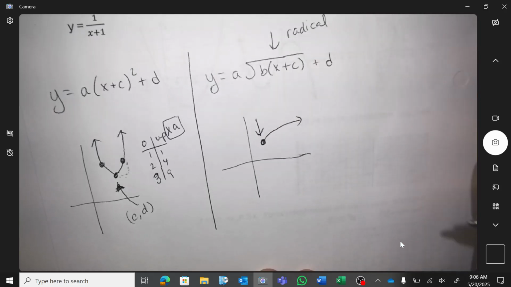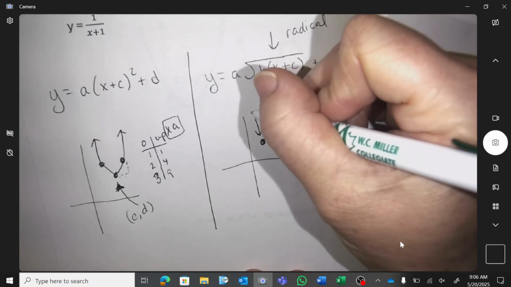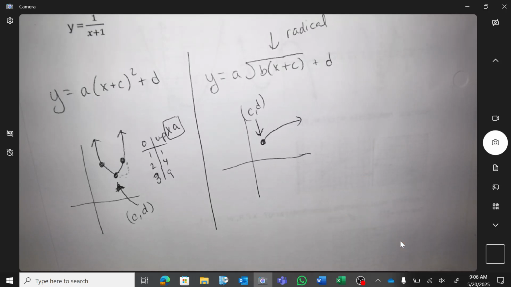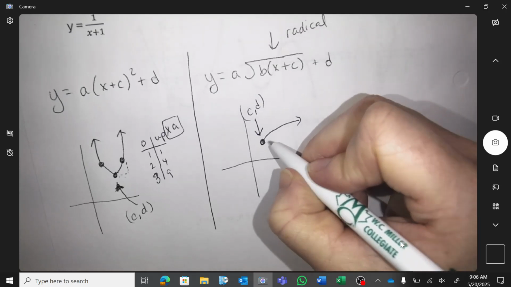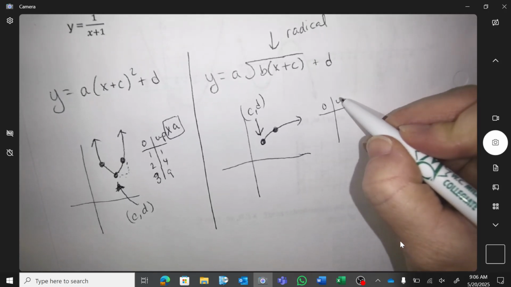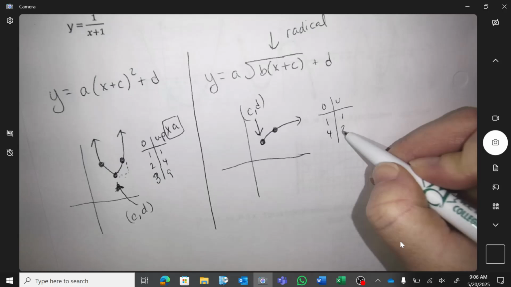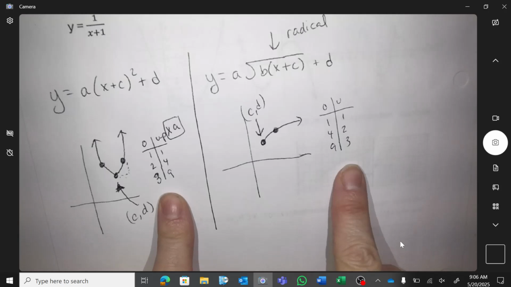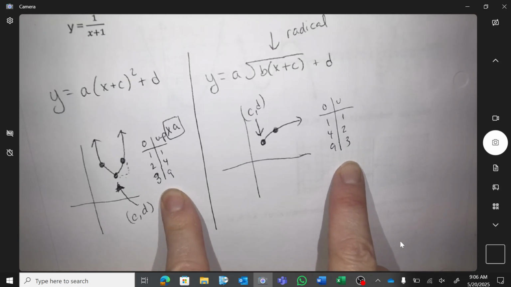So how do we know where to start from? You're going to be looking for C's and D's stuff, right? Moving left, right, up, down. And then how do I know how to make more coordinates? We do 1, 1, 4, 2, 9, 3 as a pattern to a radical, opposite of squaring, because now we're square rooting.